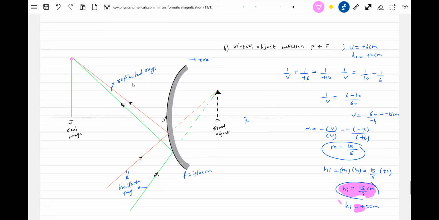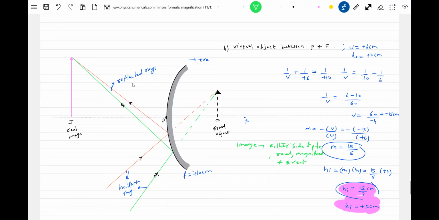Let me write it. So will it be a magnified one? The final image will be, whatever the conclusion, the image will be on either side of the pole: real, magnified, and erect.